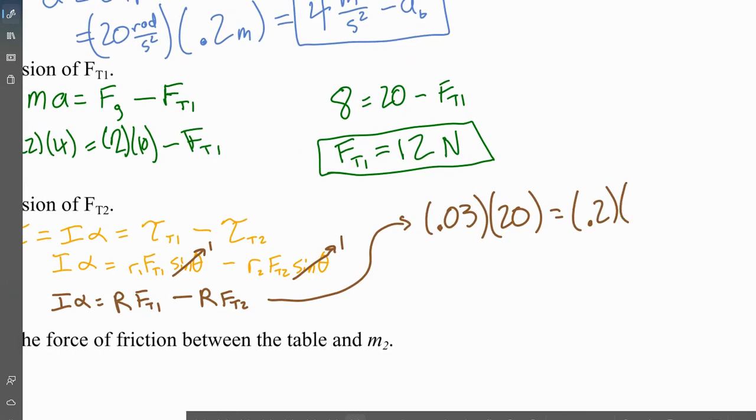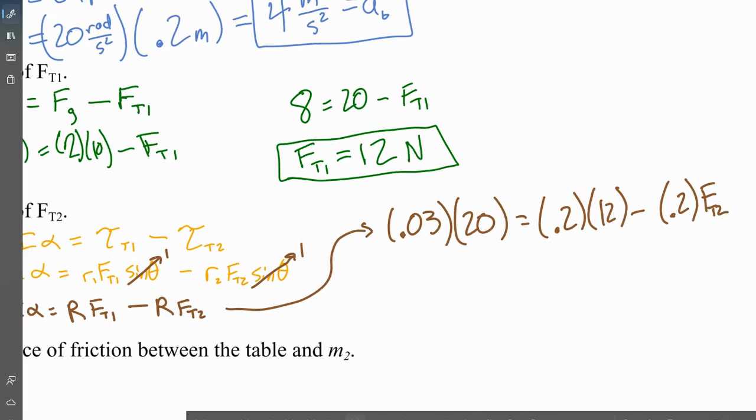That was from the part right above, so 12. Minus, again, the radius, 0.2, times this one, FT2, and that's what we're solving for. All right, so if we plug all this into a calculator, we get 0.6 is equal to 0.2 times 12, which gives us 2.4, minus 0.2 times the force of tension 2.